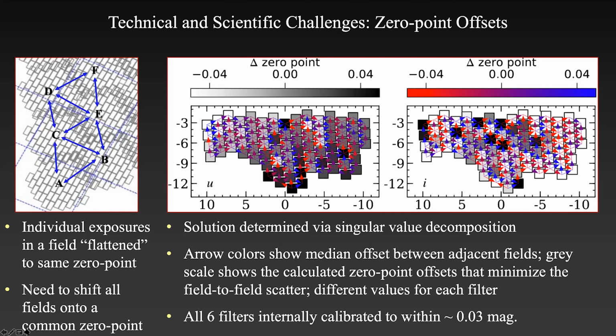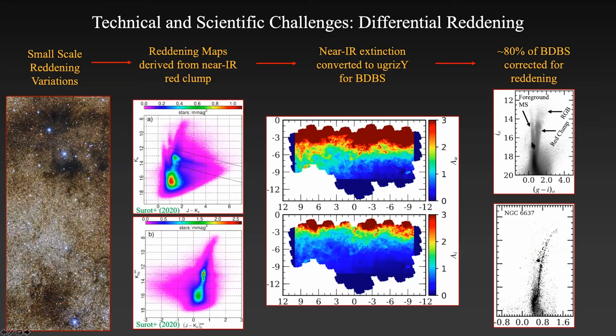And so one of the things as we get close to the plane is that it will be useful to have some kind of pipeline de-reddening. You can see the benefit of this. Here's a globular cluster color magnitude diagram, and here you can see a color magnitude diagram of the field. So you get excellent results.